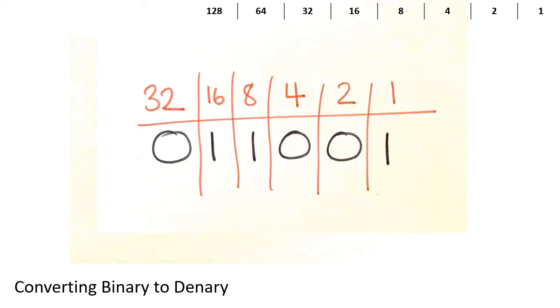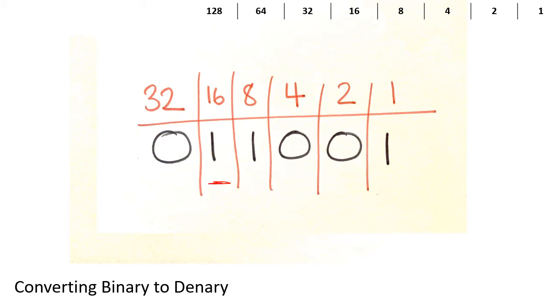So we have a 6-bit binary number because we have 6 bits here. Each of these zeros and ones we refer to as a bit. So then how do we work out what this number is? Well, if you remember, each of the ones means that that is one lot of that place value. So we have a 1 under the 16 here.